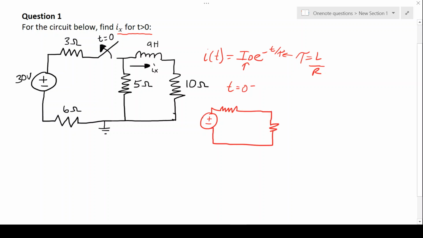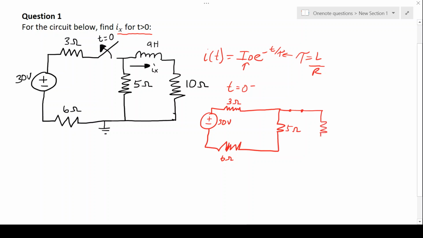We also know that it's a DC source of 30 volts. This is 6 ohms, 3 ohms, and 5 ohms. And then we've got an inductor which we know under DC conditions must become a short circuit.